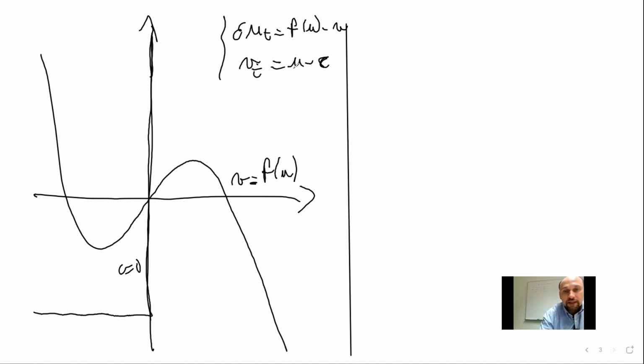So if u is less than c, so here if u is less than 0, v t is negative, but because of the epsilon, which is small, this number is much more than this one.